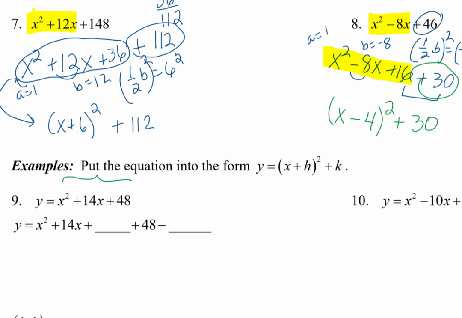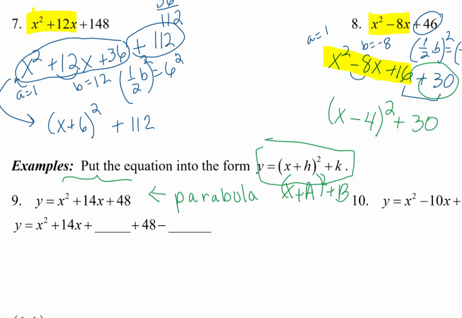And we're going to put that in this special form, y equals x plus h squared plus k. If you think that looks a lot like our x plus big A squared plus b, then you're right. Okay? You're absolutely right. Okay. And again, just a reminder that this quadratic function, the graph is a parabola. Because that's going to be useful later in this chapter.